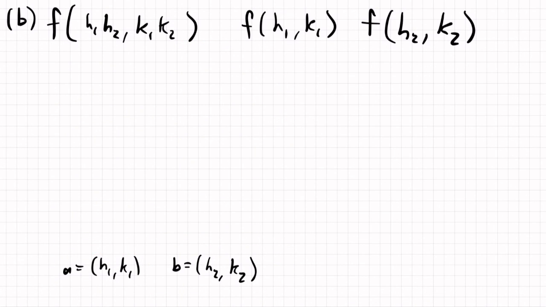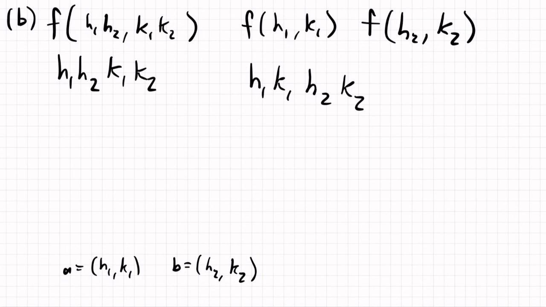So now we can write out what this is. This is just multiplication, so this will be H1, H2, K1, K2. And this will be H1, K1, H2, K2. So when are these equal? Well, they're equal if H2, K1 is equal to K1, H2.